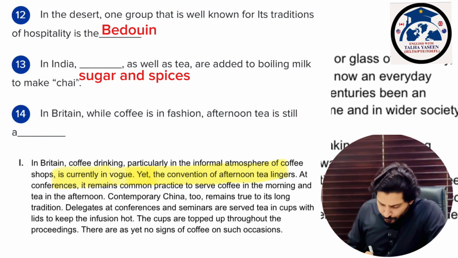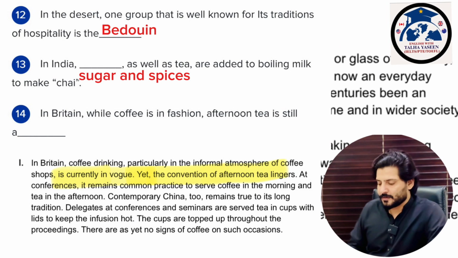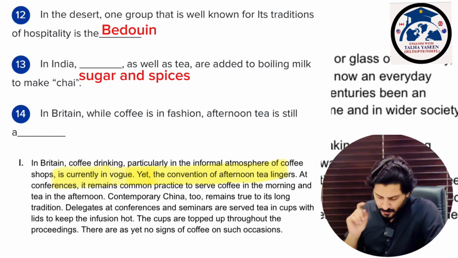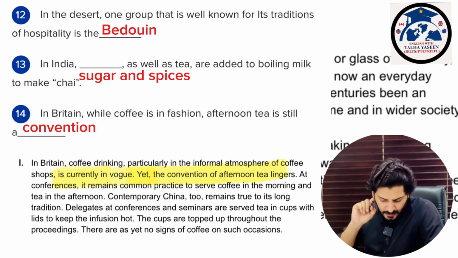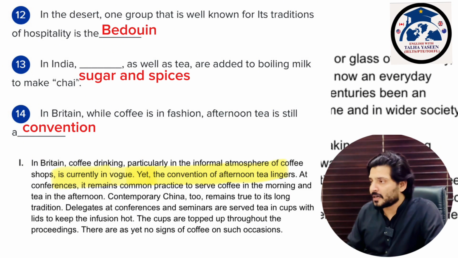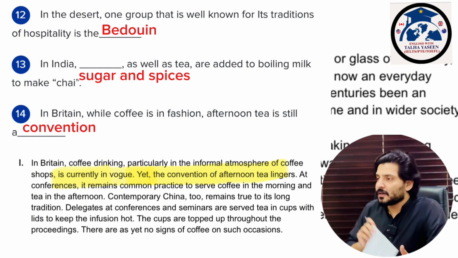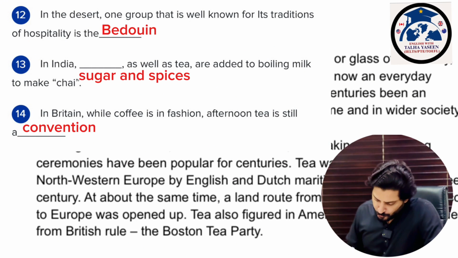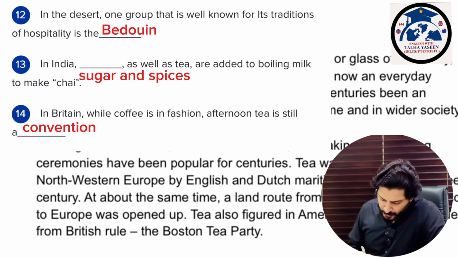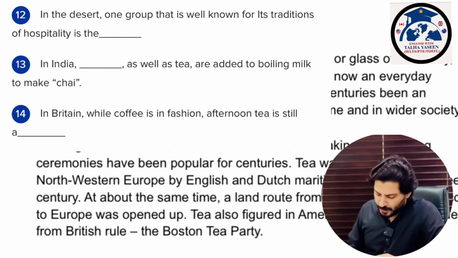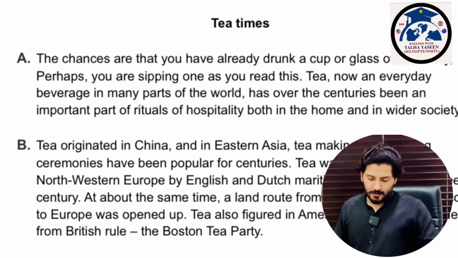Yet the convention of afternoon tea lingers. So what will we write? Lingering convention or a convention? We can write both. In Britain, while coffee is in fashion, afternoon tea is still a convention or lingering convention. It remains a common practice to serve coffee in the morning and tea in the afternoon, so it's a convention, it's a routine. This is all about passage 1.